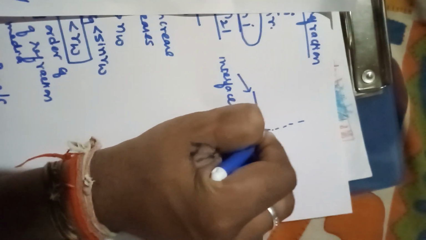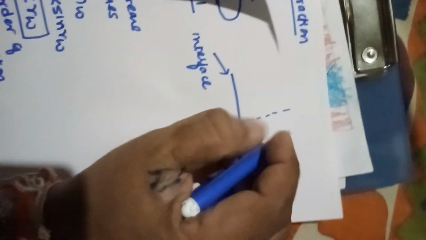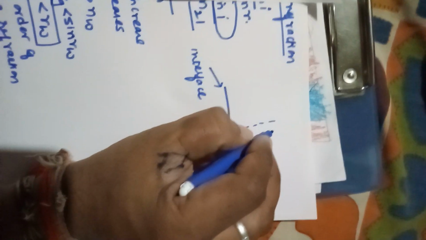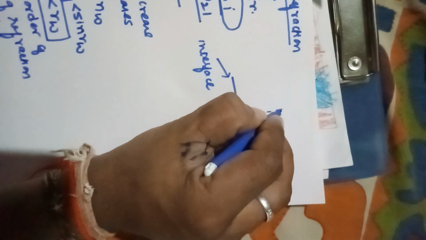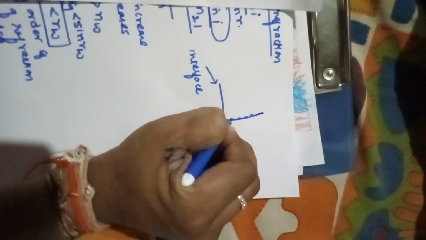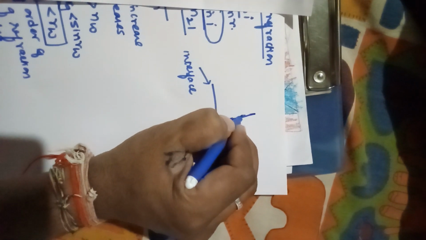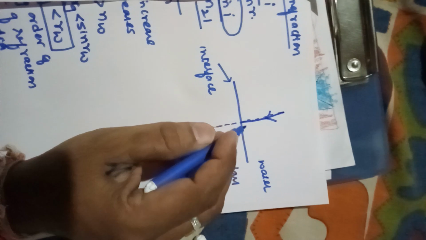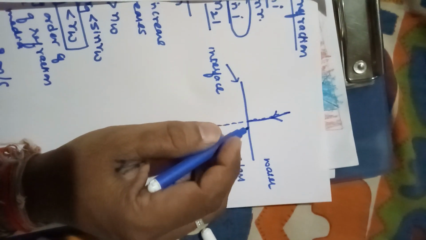Now first let us draw a normal. Now when a ray of light is incident normally, it means that the incident ray is coincident with the normal.